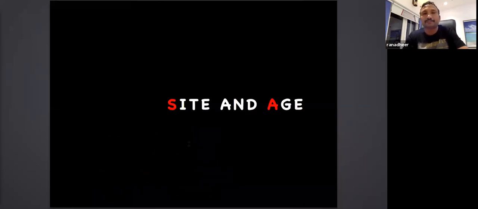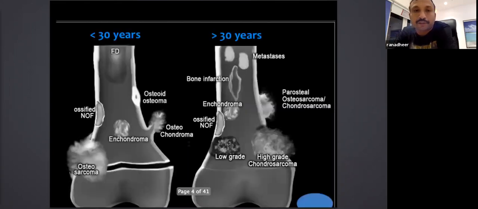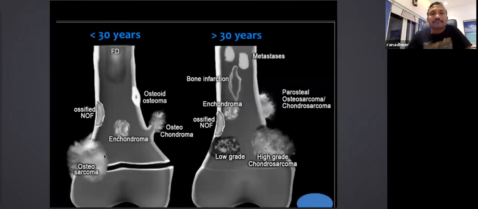Site and age. As we all know, tumors are most commonly dependent on site and age. Let me give you, less than 30 years: if the tumor is epimetaphyseal, most of the time at the lower end of the metaphysis, it is an osteosarcoma.